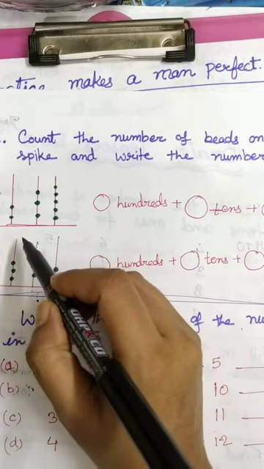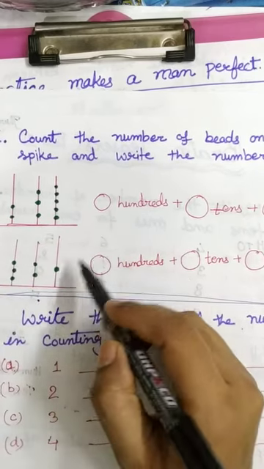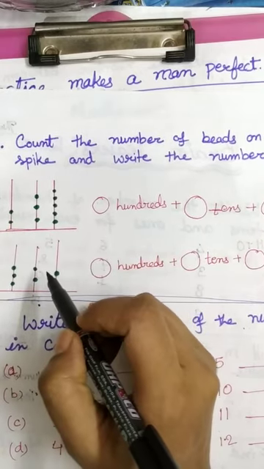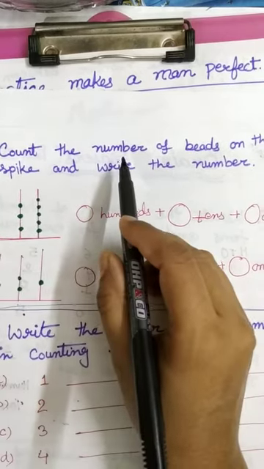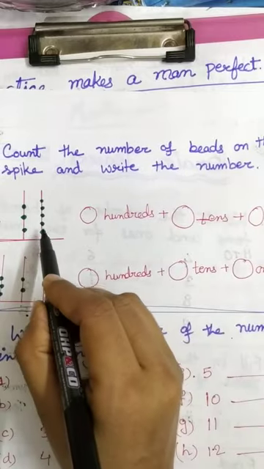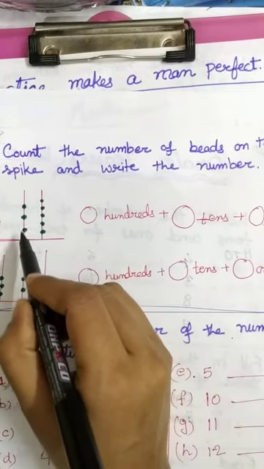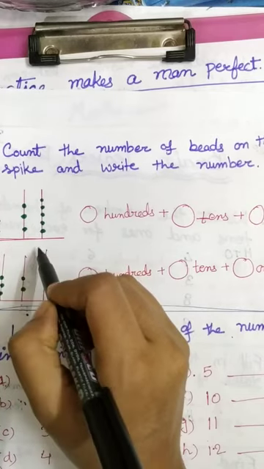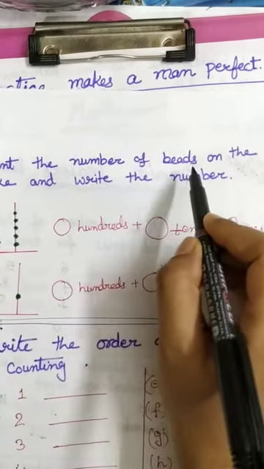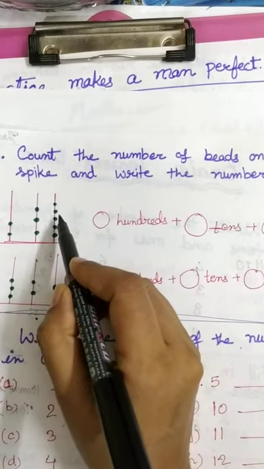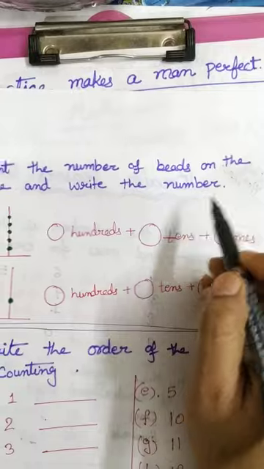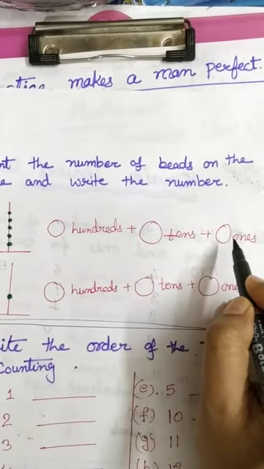This is the abacus, you all know. And these red lines are the spikes of the abacus. Count the number of beads. The green dots are beads. Count the number of beads on the spike and write the number here.